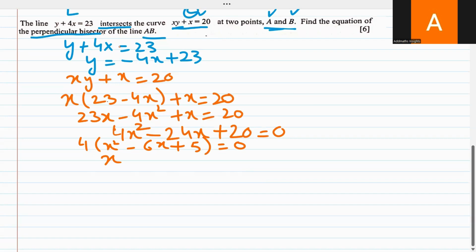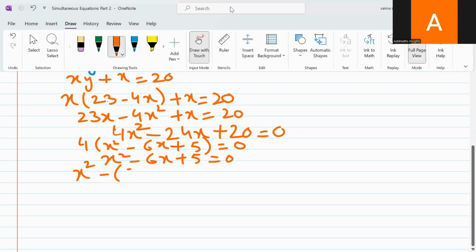So we have now x squared minus 6x plus 5 is 0. Now the roots are, 3 and 5 and 1. Minus 5 and minus 1.